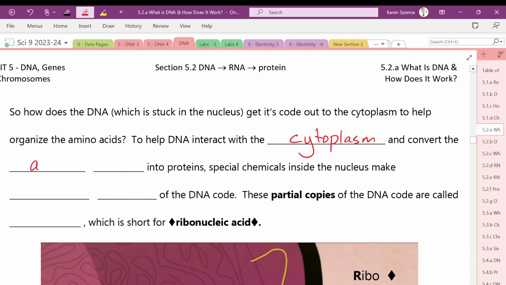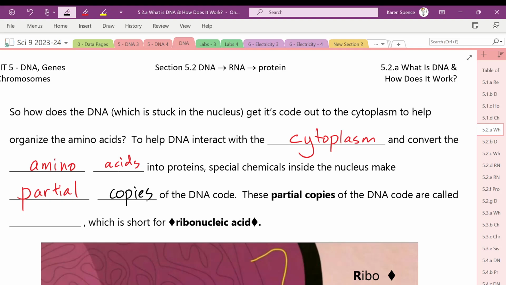Amino acids into proteins, special chemicals inside the nucleus make partial copies. I don't know why I changed pen color. I just did. Partial copies of the DNA code.